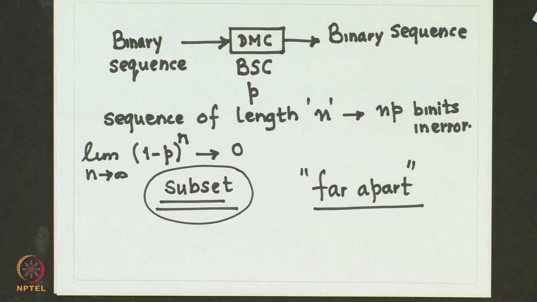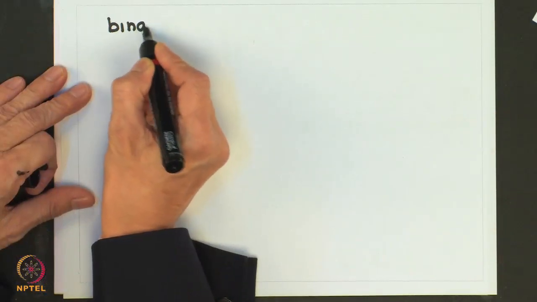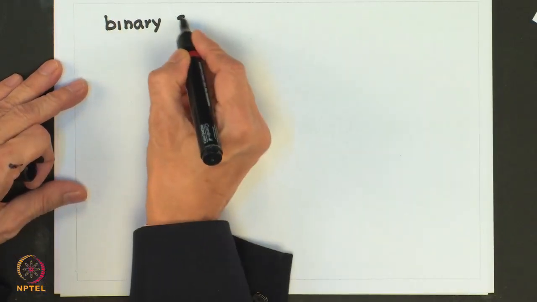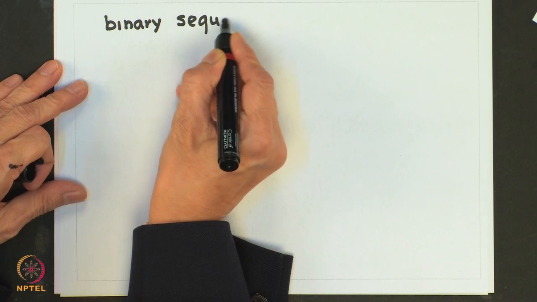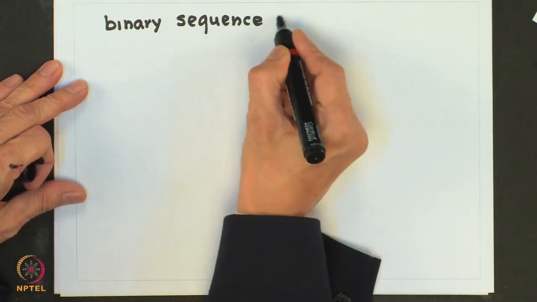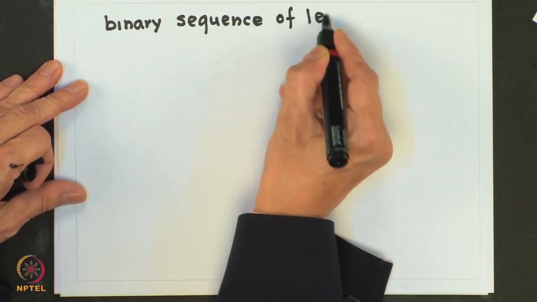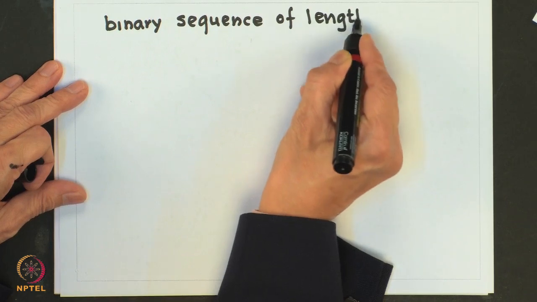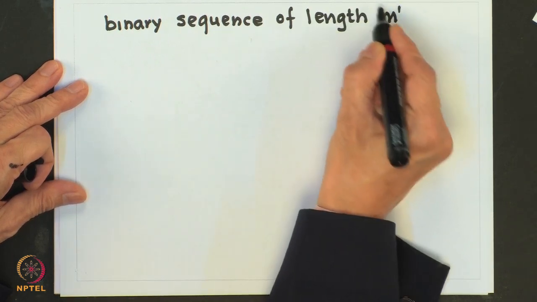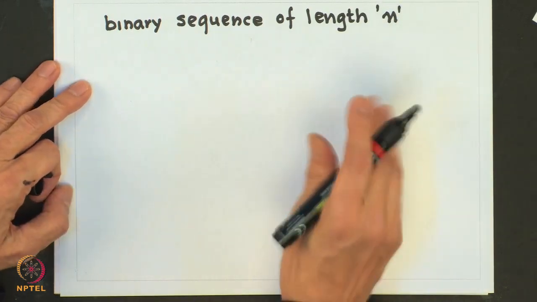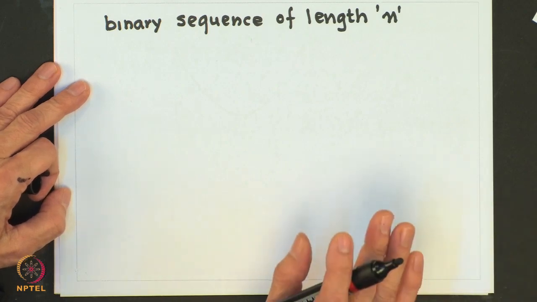So, let us consider a binary sequence of length n which is being transmitted on the channel, and this channel has a crossover probability of p.